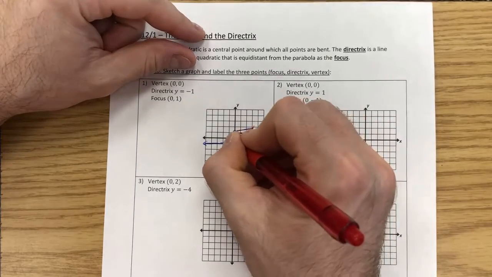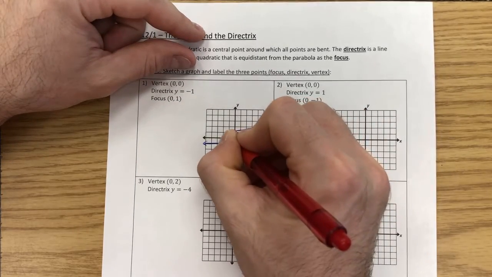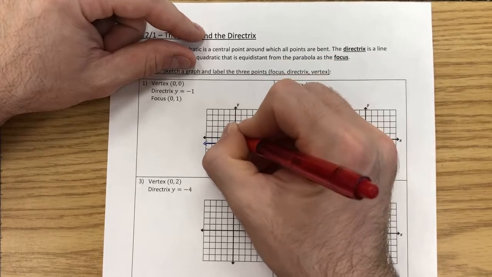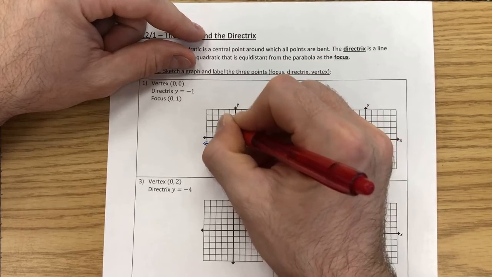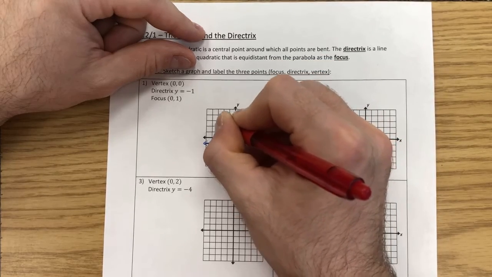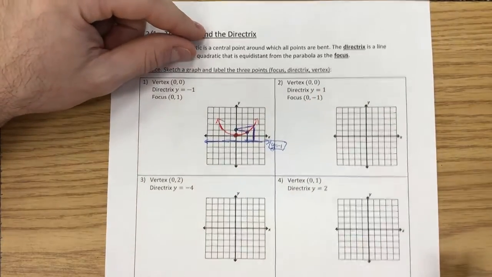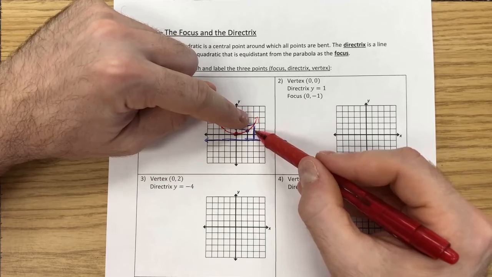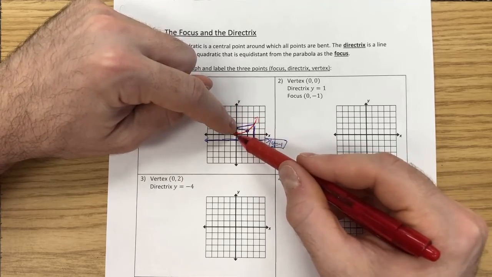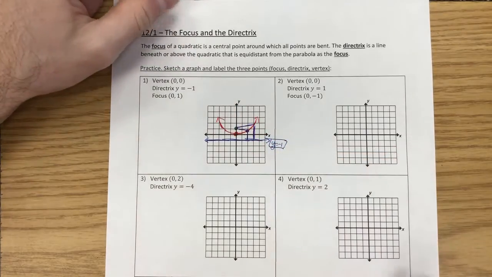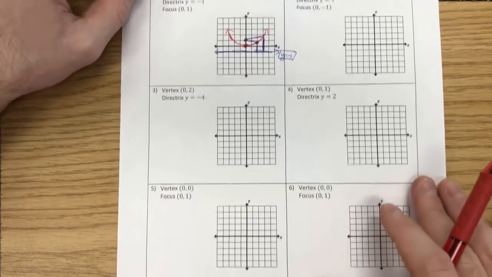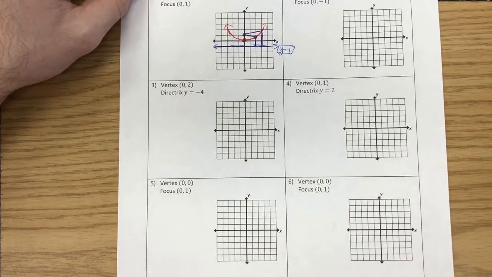And this, without even having an equation, is going to tell us just kind of how to sketch a rough graph. There we go. So I notice that these two distances are equal, and these two distances are equal, top and bottom distances are equal. So let's take a look at one more.